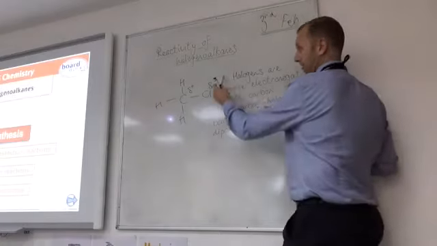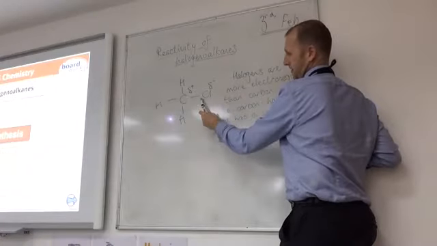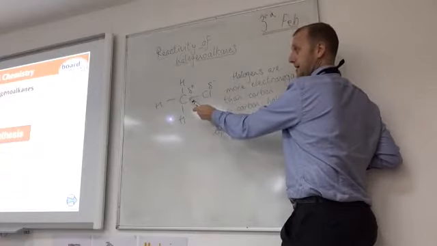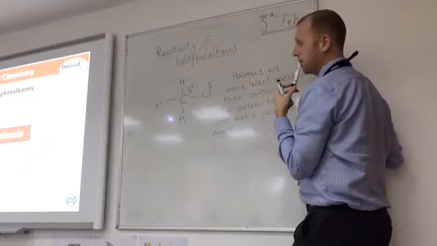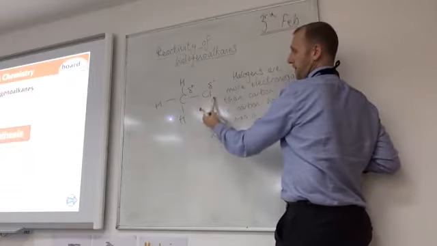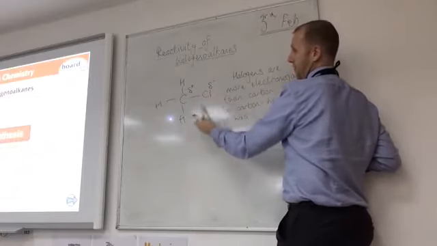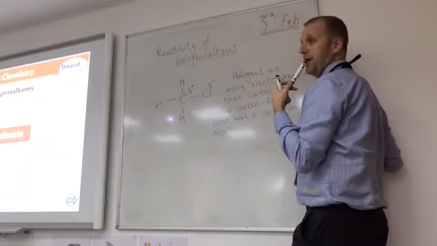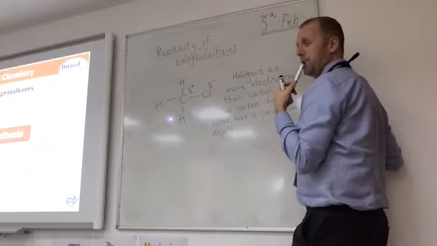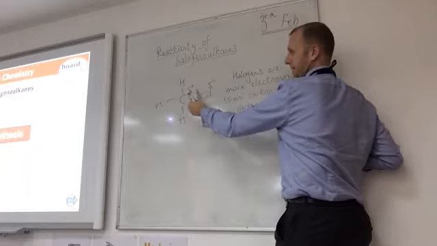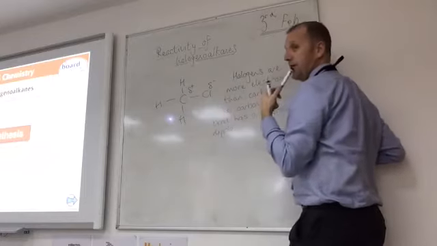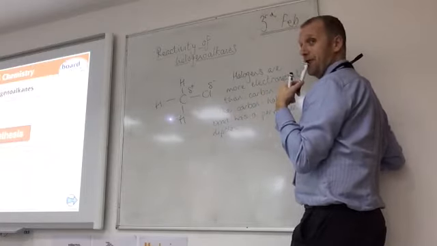In fact, it's not this bit that gets attacked. It's the carbon that is susceptible to attack. We've already thought about things that are attracted to areas of high electron density. What were they called? Electrophiles, exactly. So there's an opposite to that. Things that are attracted to areas of low electron density or positive areas are called nucleophiles, exactly.